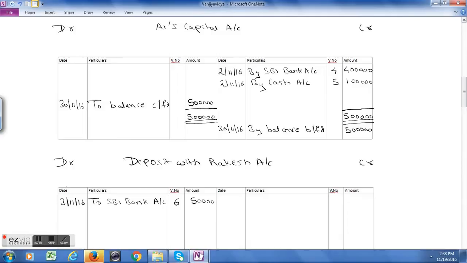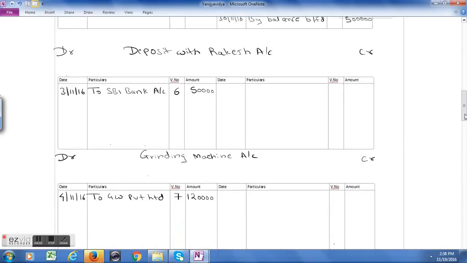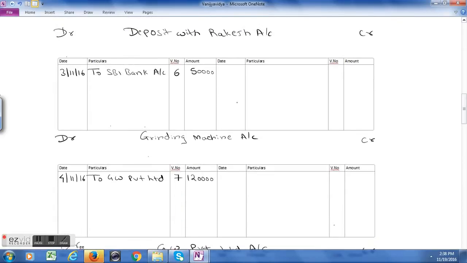Now we'll go to the next account. Next account is the deposit with Rakesh account. Here also on the credit side there are no postings, on the debit side the amount is 50,000, so total will be 50,000 on both the sides.